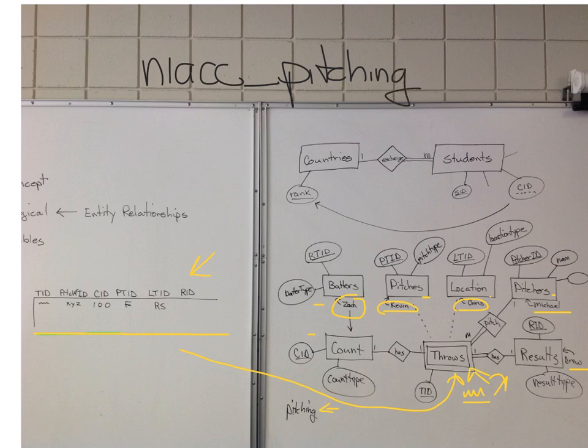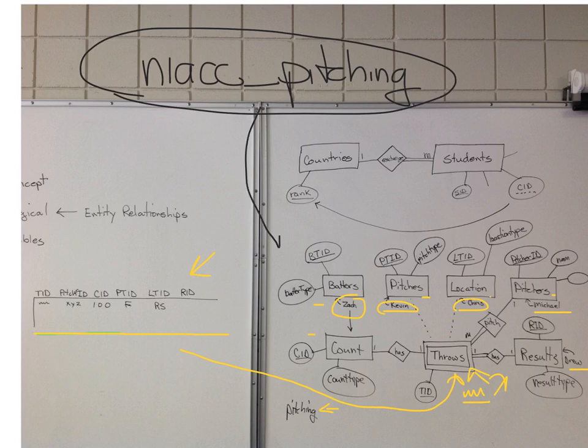Something like that. So that's the name of the database. All the students should have access to it. So we're going to start creating our tables so then we can start testing. That is it. Thank goodness.